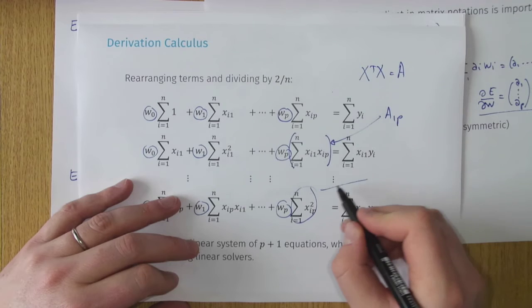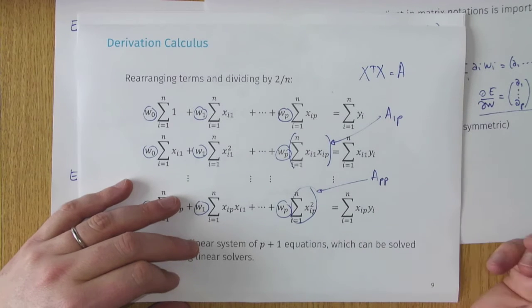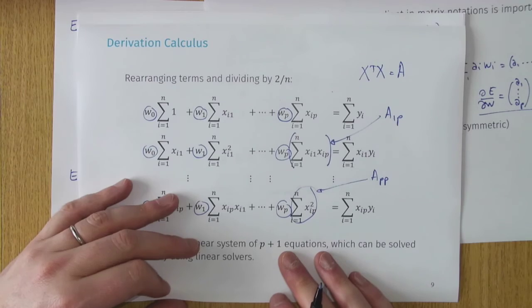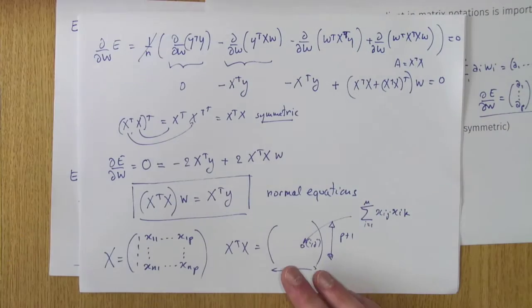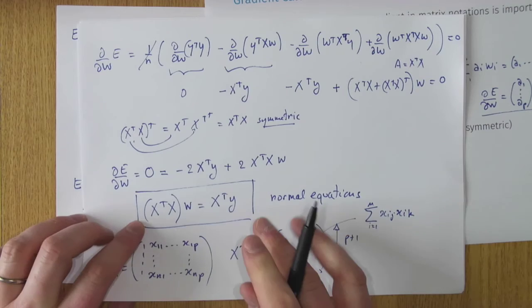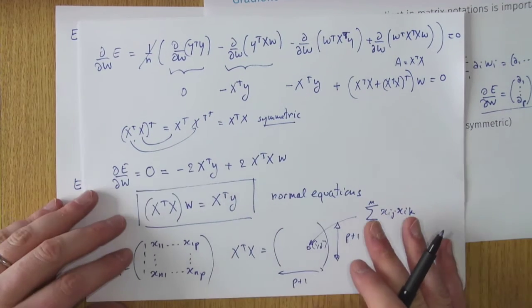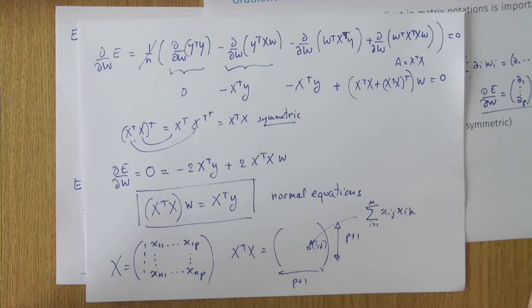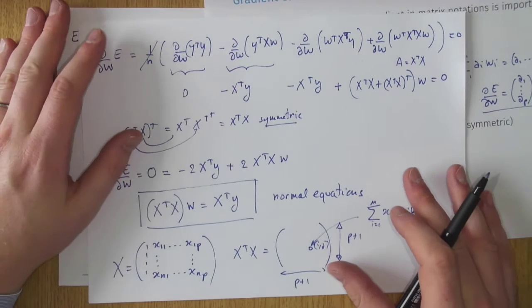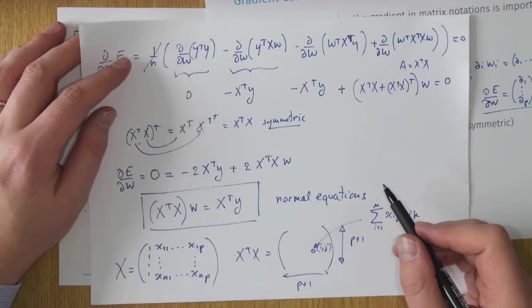This one will be a PP. All right, so this is the expression you get. Once again, these are all equivalent. We haven't done anything new. We just expressed everything in terms of linear algebra and matrix notation.